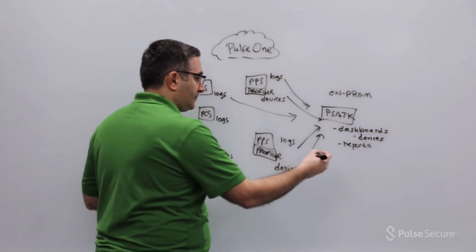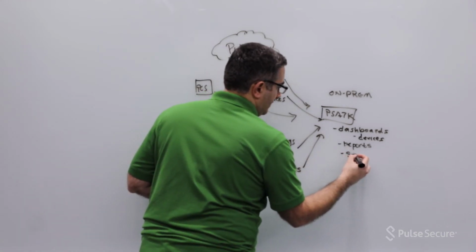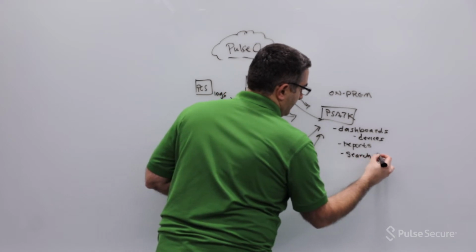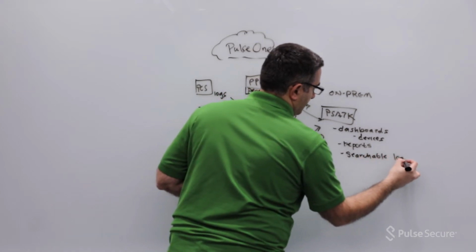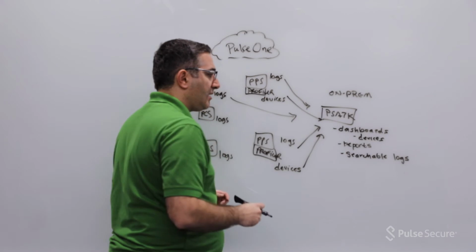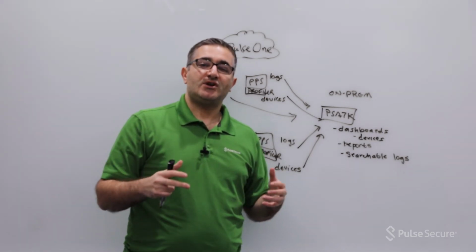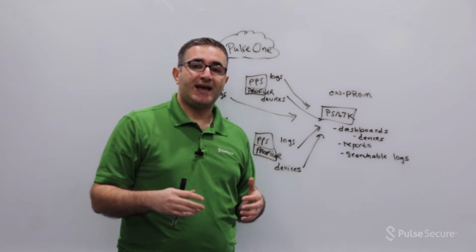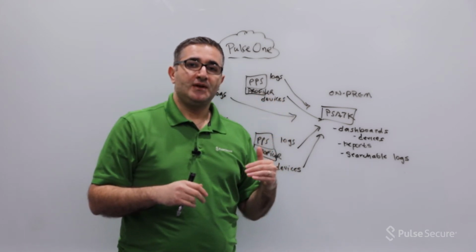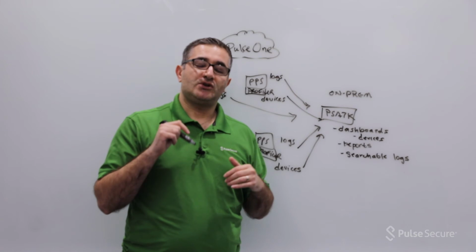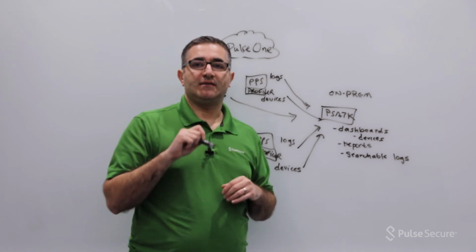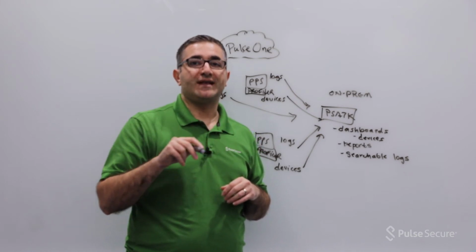And then there's also the searchable logs. By searchable logs, what I'm saying is these are pre-canned reports that will look at a log. The log is clickable. So let's say my first search is I want to see who's authenticated.